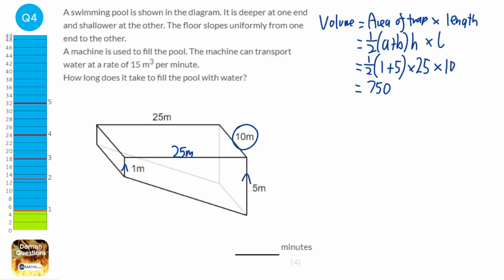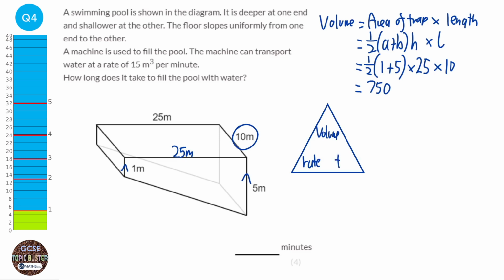Now, there is a little formula we can make for the rate. So the rate of anything for this will be the volume gained over time. Now, with this question though, we're interested in the time it will take. It says how long will it take.